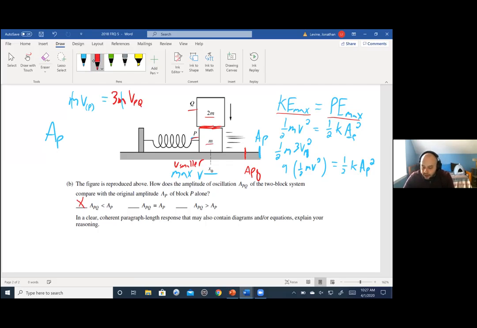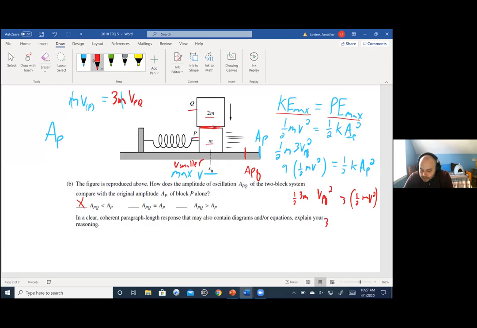But for the other block, we now have 1/2 3m times VPQ squared, which as a result only gets a factor out now of 3 times 1/2 mv squared. And that's going to relate to APQ squared.